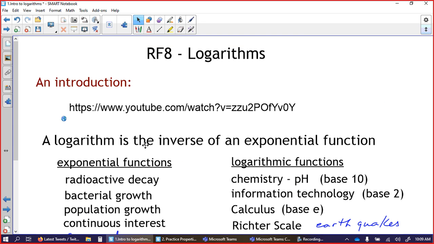Oh, I need my pointer. Now, because you see my screen, this will be very interesting. Pop this out. Whoa.